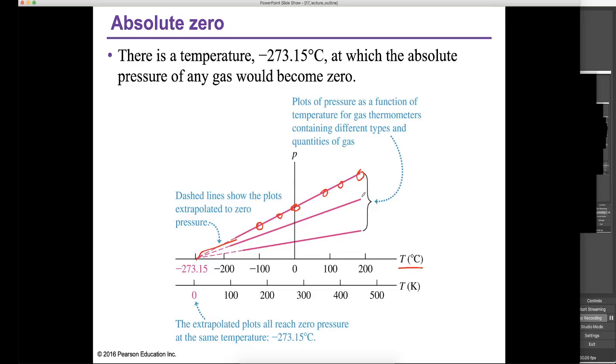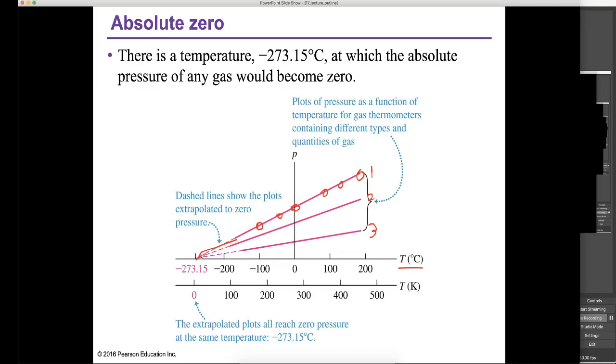By using different types of gas, for example, this is type 1, this is another type of gas, this is the third type of gas, you will find actually they're pointing to the same temperature, which is negative 273.15 degrees Celsius. That's the absolute zero temperature.